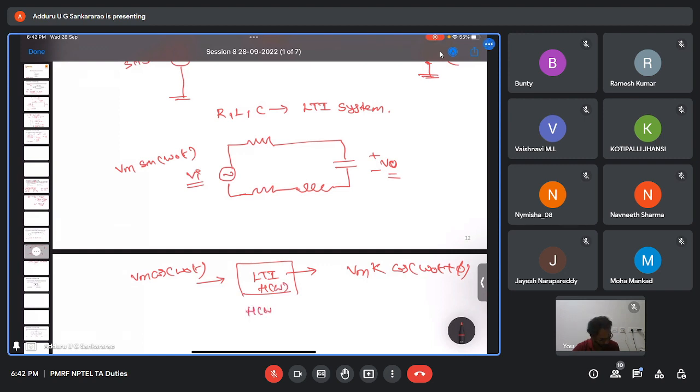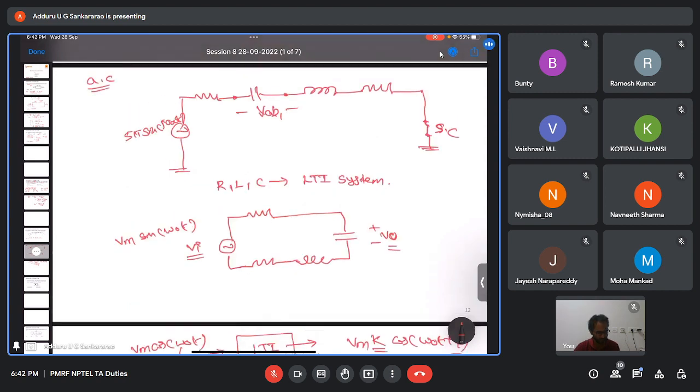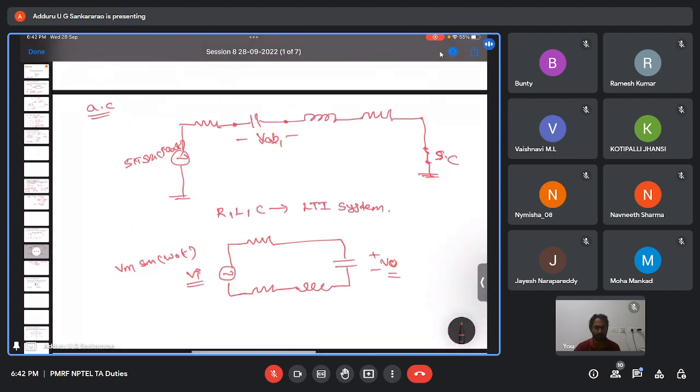Then at the input frequency omega naught, you find the magnitude and phase of the system. This magnitude k will multiply the amplitude, and this phase phi will be added. Since our circuit is an LTI system, the voltage across the capacitor also will be a sinusoidal signal.